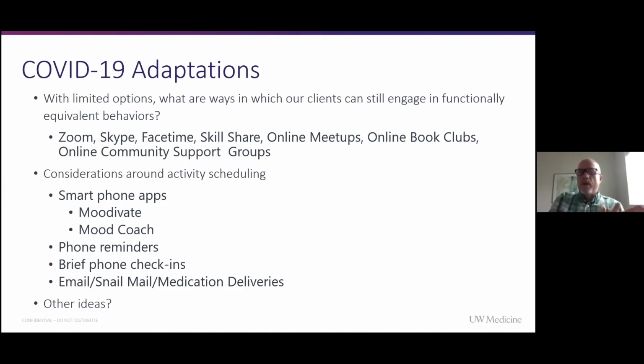Yeah, so we thought that it'd be good just to have a bit of a conversation here at the end about adaptations that we need to make for the era that we're living in.